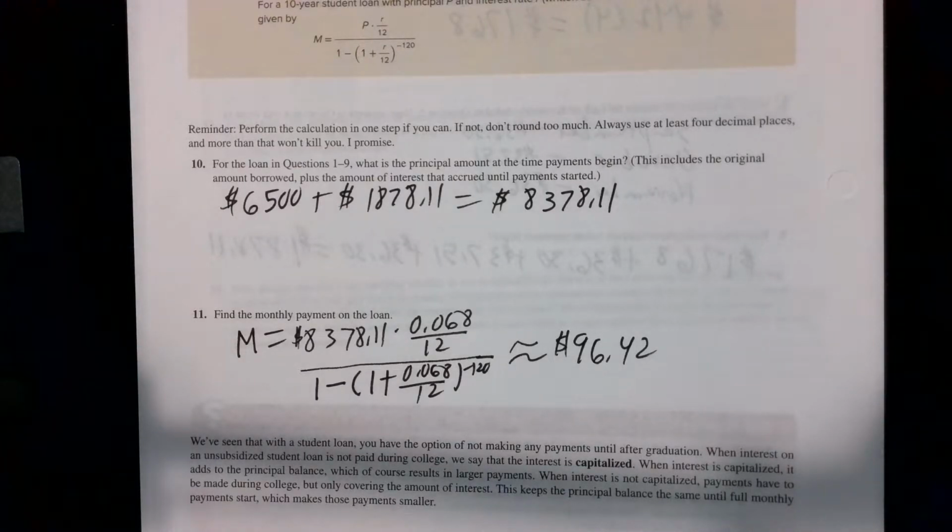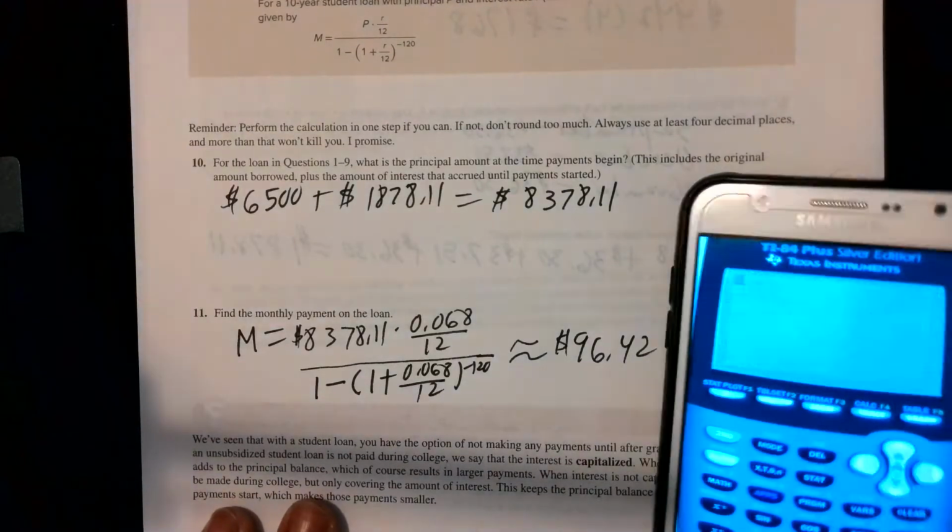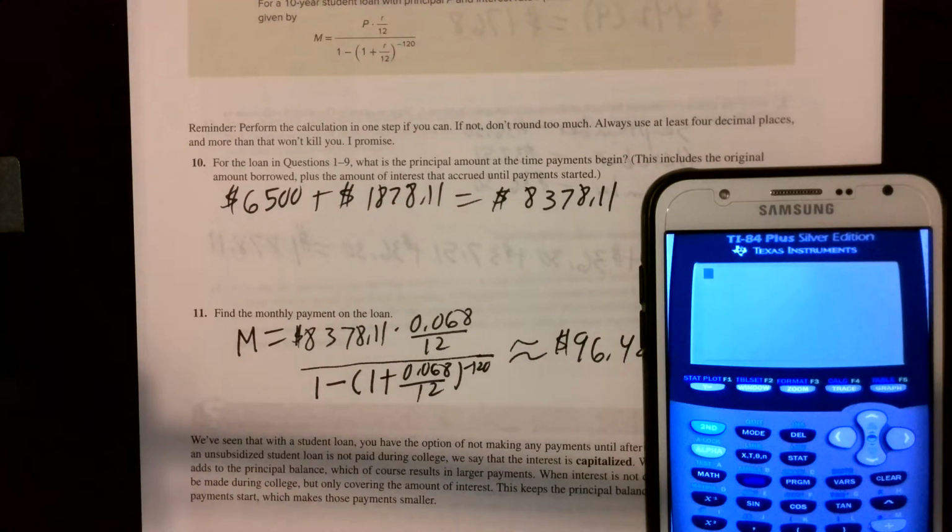Okay, so make sure you have your calculator on and ready to go. So now, what we would do, again, we would type in the numerator as is. So the numerator is $8,378.11 multiplied by, and we'll put in parentheses this fraction, 0.068 divided by 12, and we'll press enter. Now we get this long decimal here.